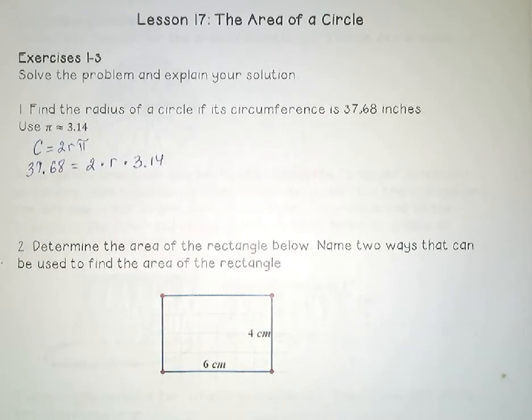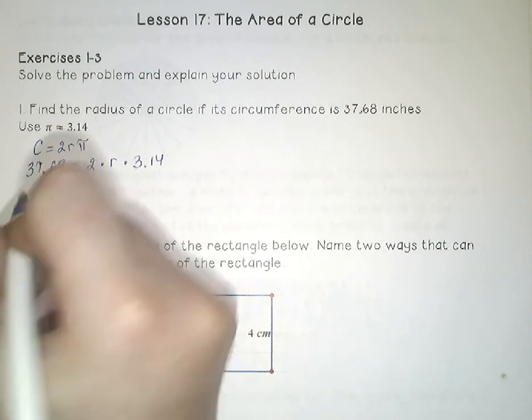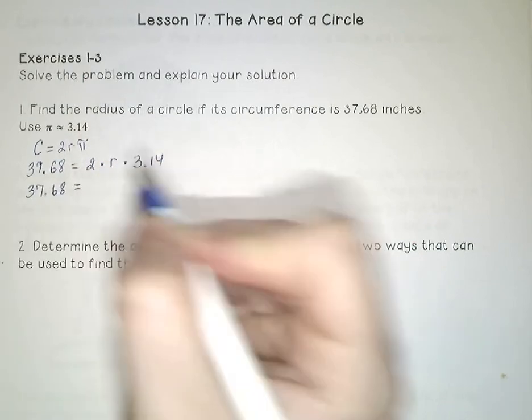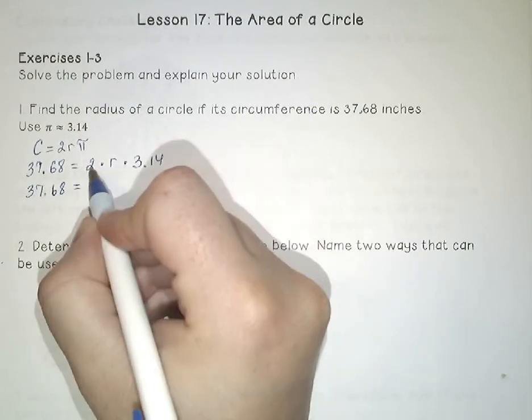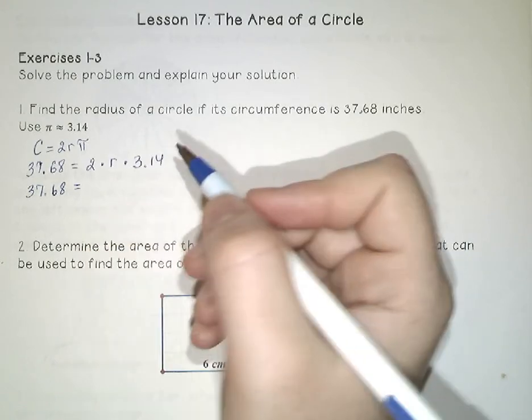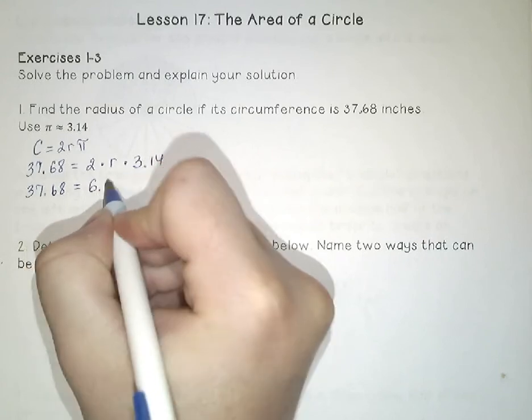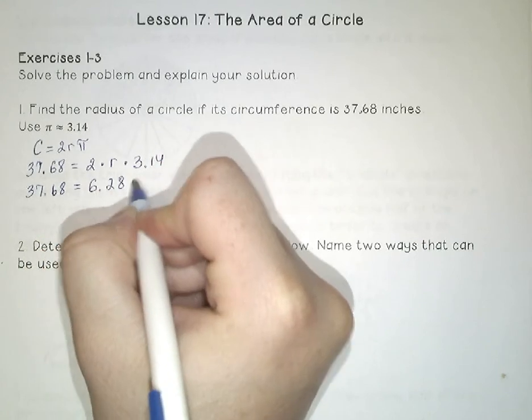Okay, now let's multiply what we can multiply. So 37.68 equals 2, and I can multiply that by 3.14. So that will be 6.28 R.